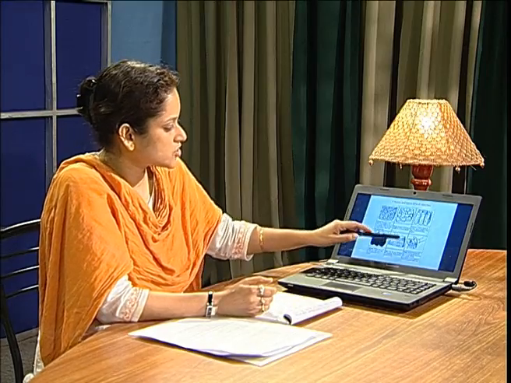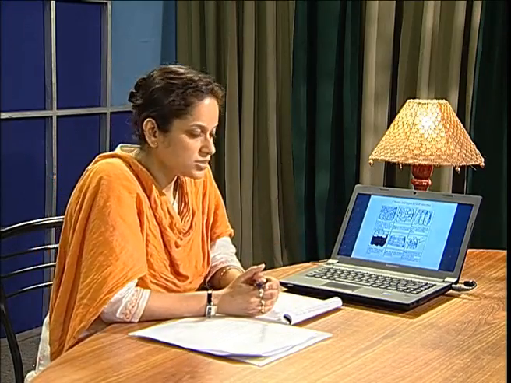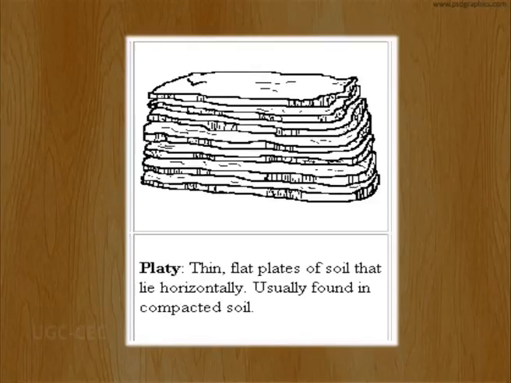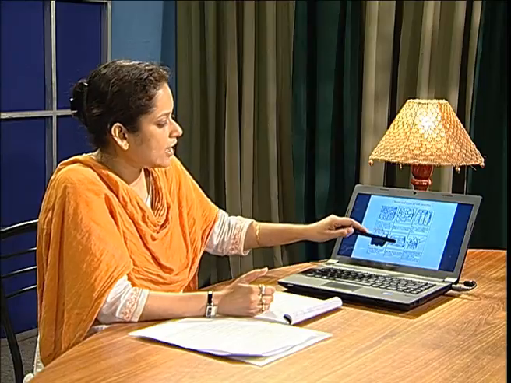In the platy type, the soil aggregates assemble to form thin sheets or plate-like structures which are piled on one another in a horizontal way. They do not allow water circulation to take place.